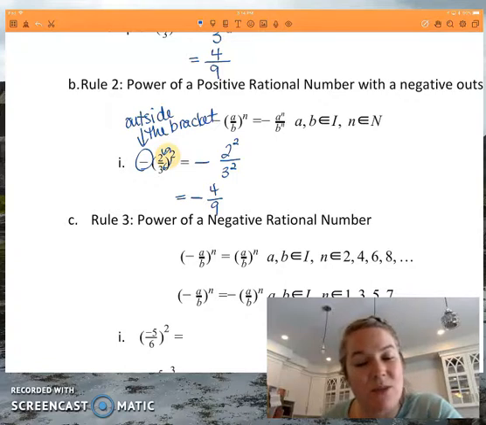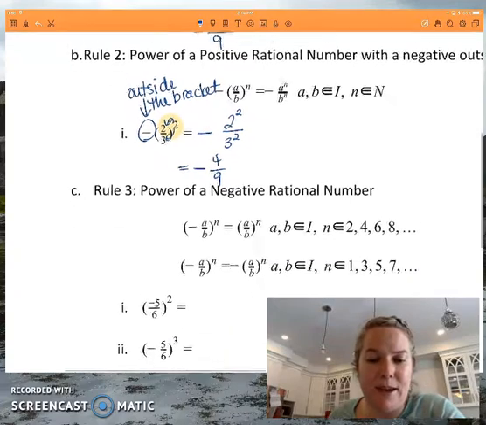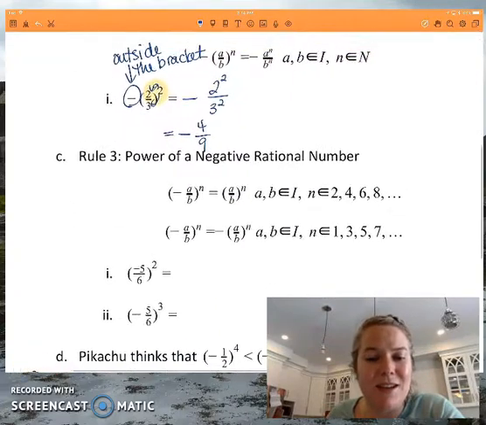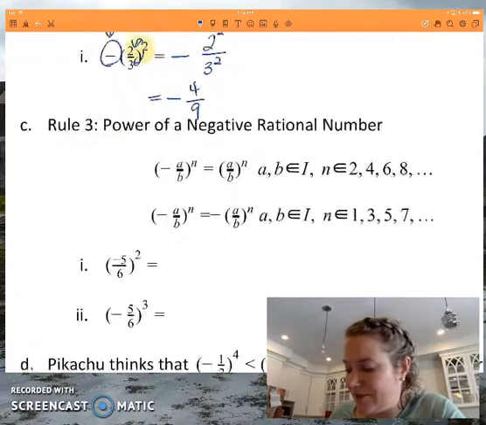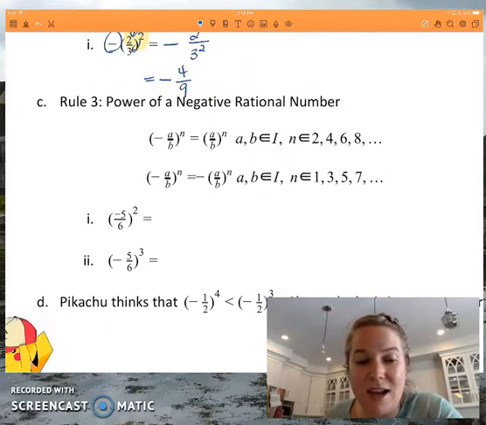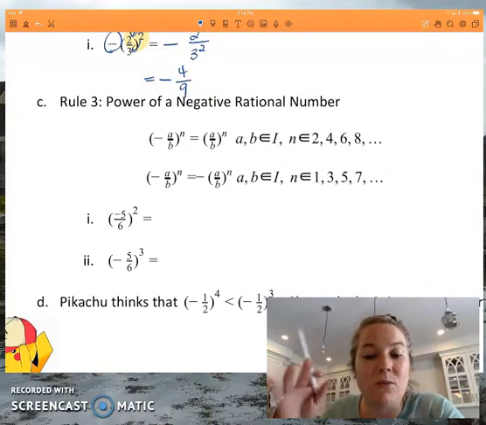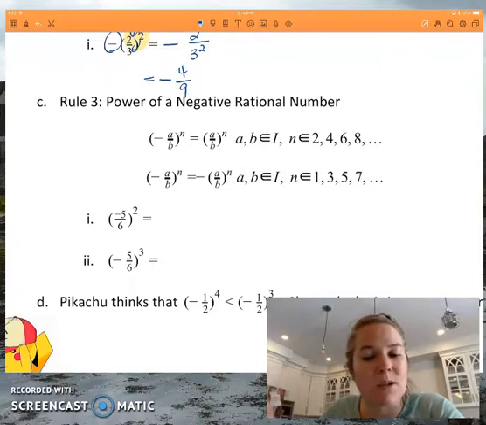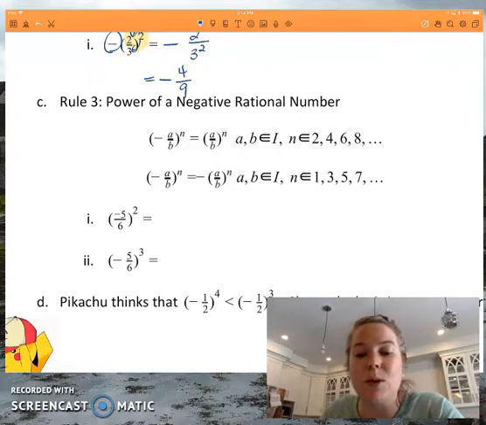So now we get to rule number 3. Rule number 3 looks really complicated, and the reality is that it isn't. If you really understand what the rule is telling you and how these exponents work, the rule is just a quick way of doing what should be obvious anyway. So let's think about this.